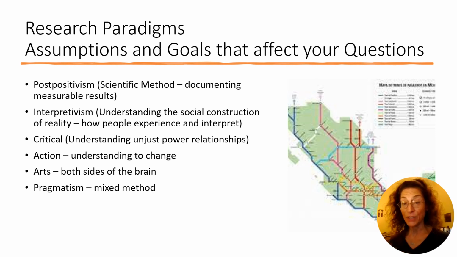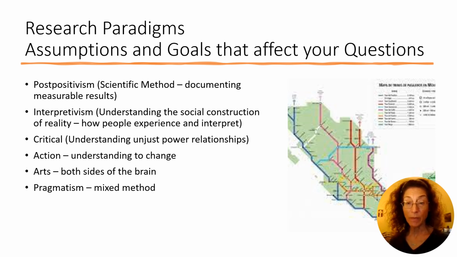So when we have an interpretive research paradigm, we are studying how people construct their reality. And of course, in the process, we hope that they and we are getting as close as possible to absolute reality, but we don't necessarily expect that we can get there. So we're asking a slightly different kind of question.